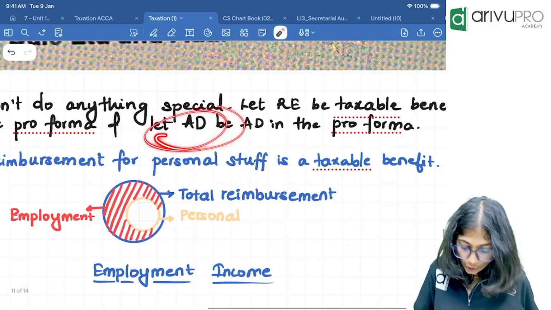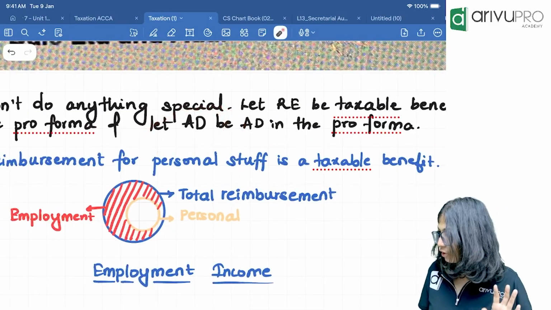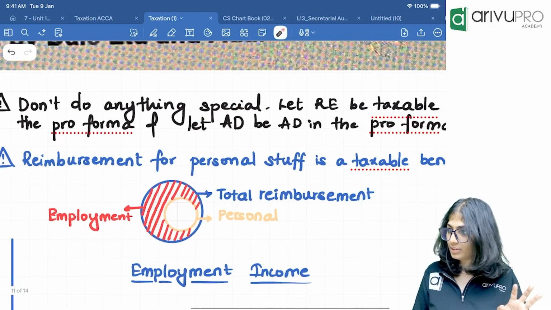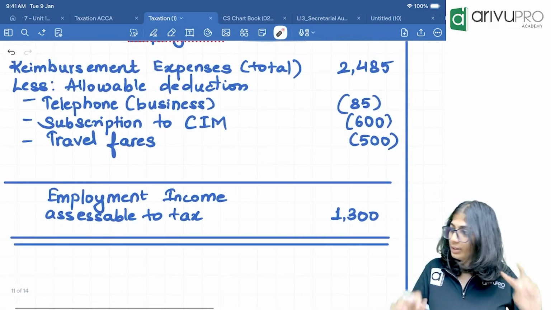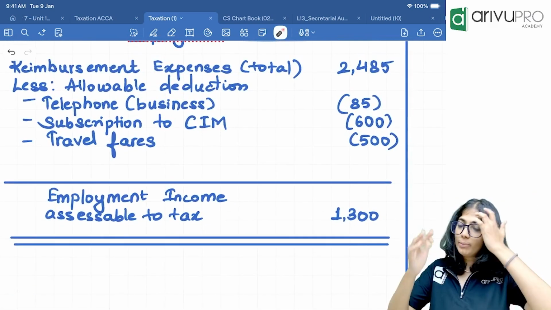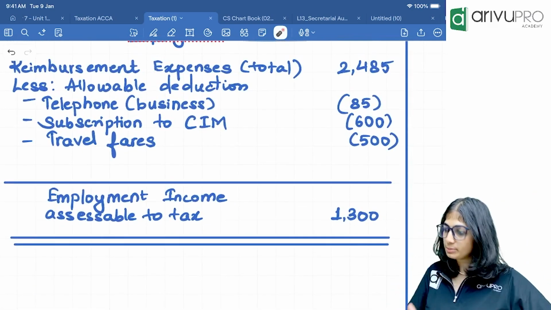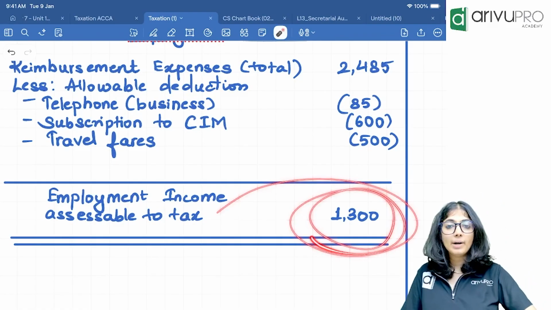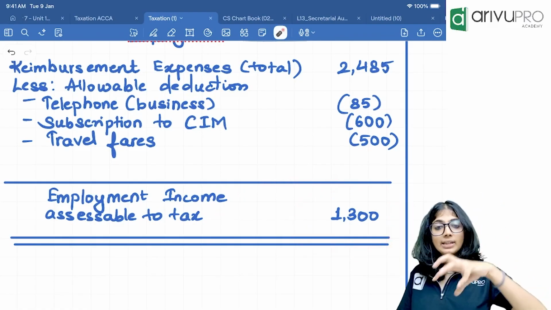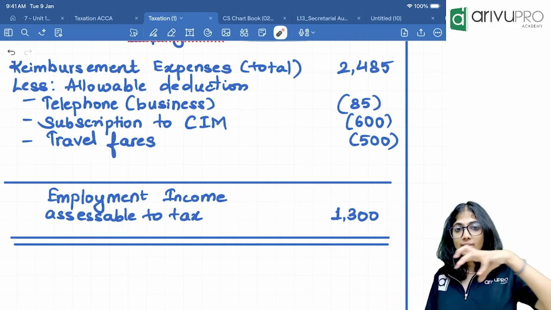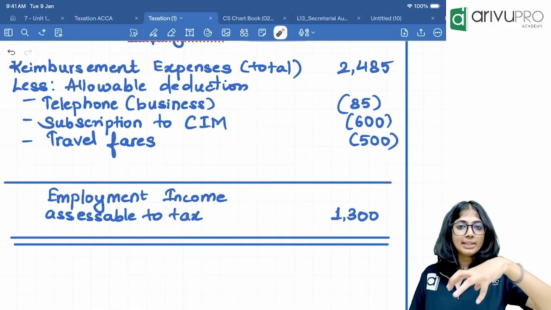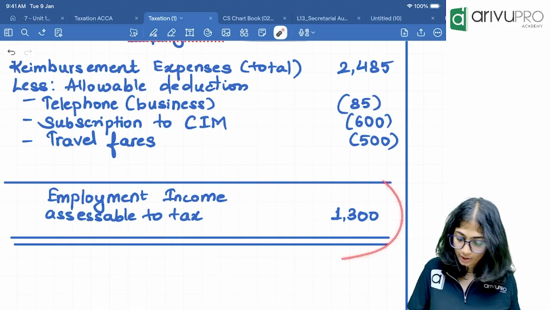And allowable deduction, you put it in the allowable deduction column in the pro forma. It will net it off. Anything that's an allowable deduction will be deducted from your total reimbursement. Everything that's left will be the personal amount for whatever personal uses that you have. For whatever personal uses, you got reimbursement, right? That reimbursement will be over here.